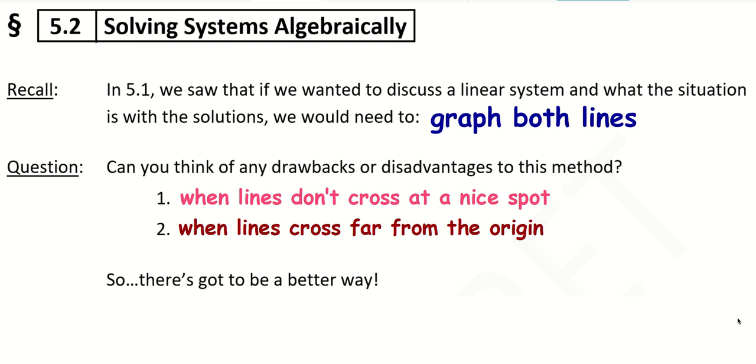What if you graph these 2 lines and they're not going to intersect each other until the point (120, -280)? You know what I mean? How would you know? You don't have a paper big enough. So that's another one. And so there's got to be a better way.